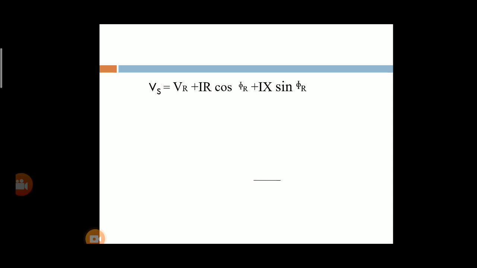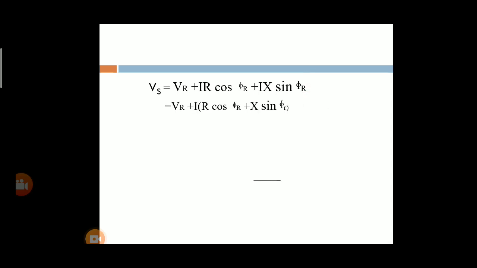The formula for sending end voltage is Vs equals VR plus I R cos phi R plus I X sin phi R. Vs is the sending end voltage and VR is the receiving end voltage. I is the load current, cos phi R is the power factor, and X is the reactance value in the given circuit. Using the cos phi R value, we find the sin phi R.